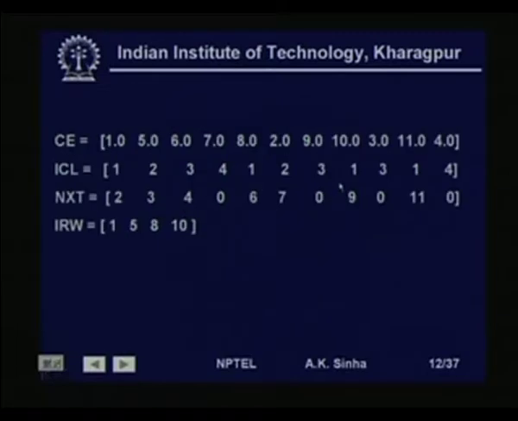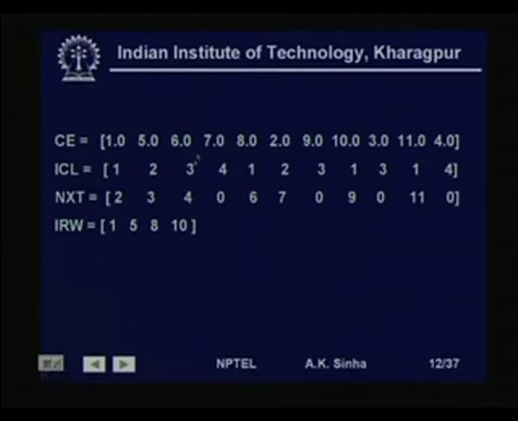So, for the first element we have 1 and the next element is found in serial number 2, and again for this we have indicated 3 here, because the next element after this is found in serial number 3 position, and for this element the next element is found in position number 4.